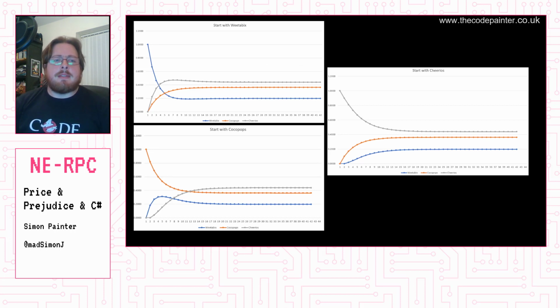Now, the first between about 8 and 20 days are different in each of these cases. There's all sorts of different things going on. If we start on Weetabix, we have an initial surge for Cheerios, which then kind of calms down a bit. We have some overlapping and taking over.